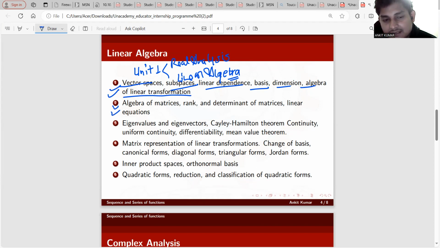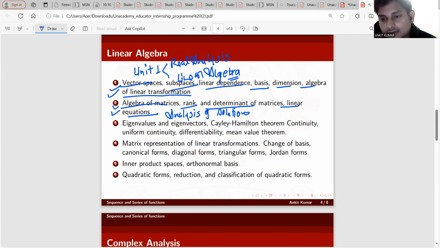In the second part, I will cover algebra of matrices, rank, determinant of matrices, linear equations, and how we solve the linear equations with the help of the rank of matrices, and an analysis of the solution. Which type of solutions exist?